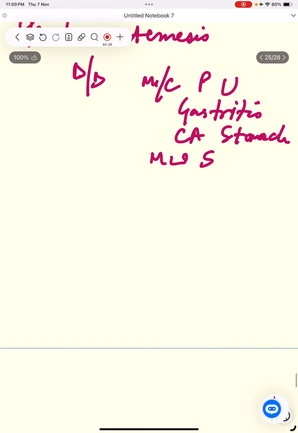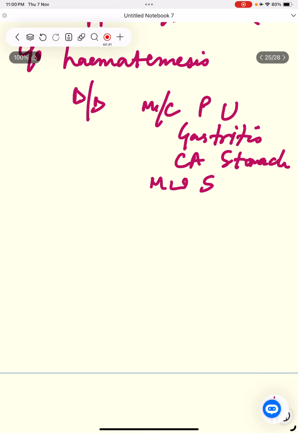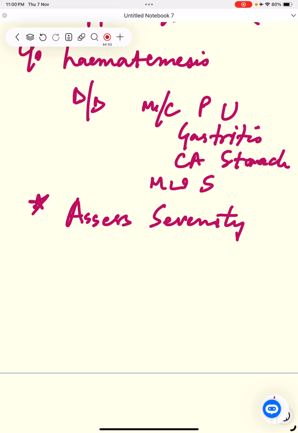Now, whenever a hematemesis patient comes, it's very important to assess the severity of hematemesis. Okay, so you should see symptoms like hypovolemic shock. What is that stage?